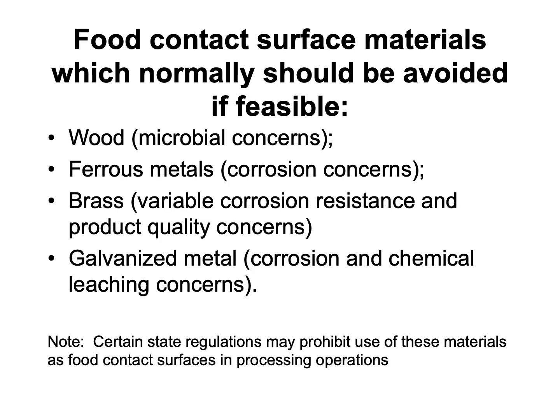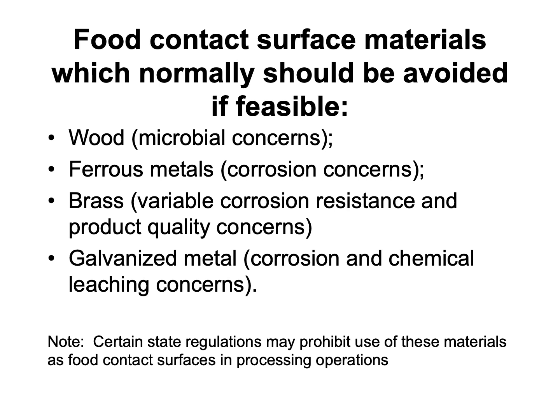So what kind of materials should we avoid in the food preparation, food processing world? Wood would be one that's pretty much banned. It's porous, therefore there are microbial concerns. Ferrous metals, corrosion quite frequently happens.